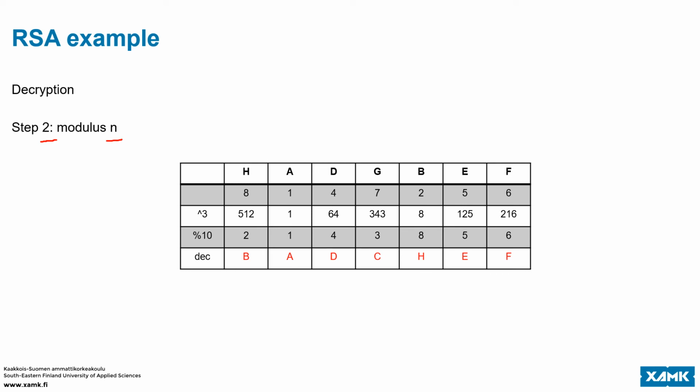So 512 divided by 10 and take the remainder, we get 2, and 2 corresponded with the letter B. The same works with 1 divided by 10, take the remainder, that's 1, and that corresponded with A. And 64 divided by 10, take the remainder, you have 4, and 4 corresponded with the letter D. And repeating this process, you will get the original message back.